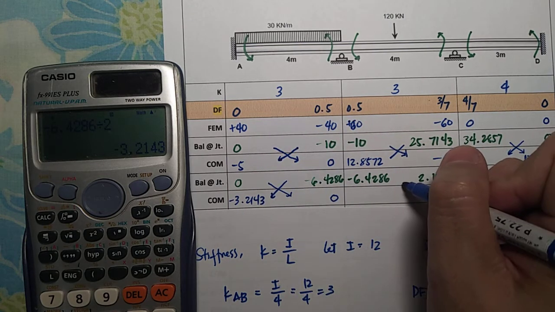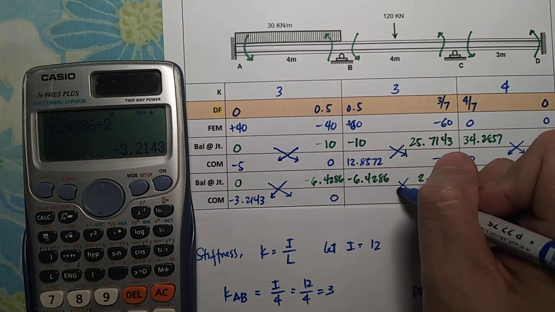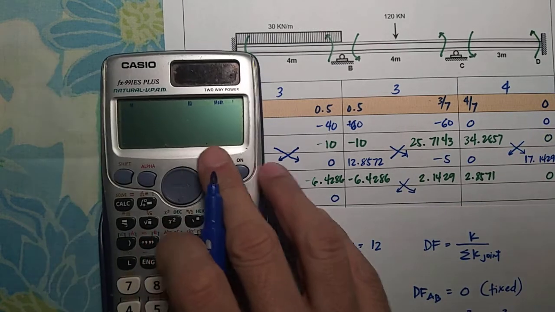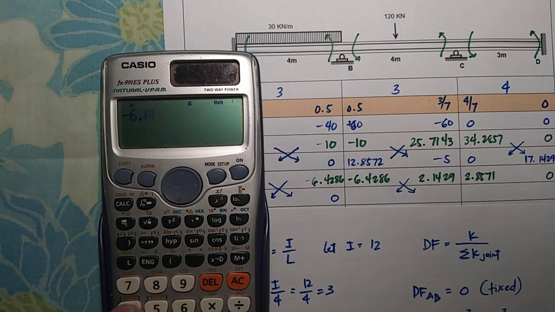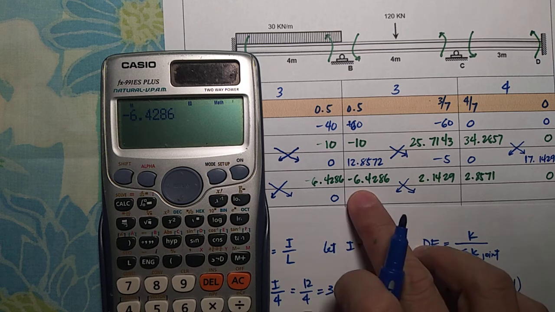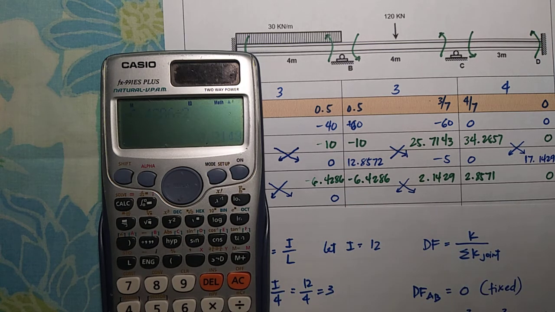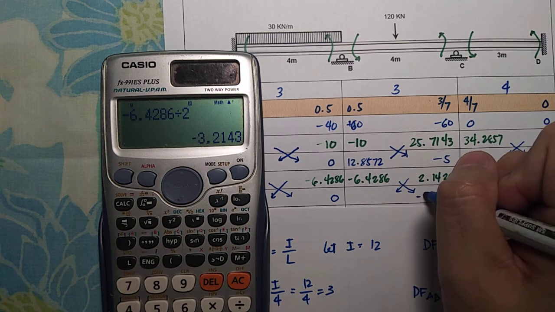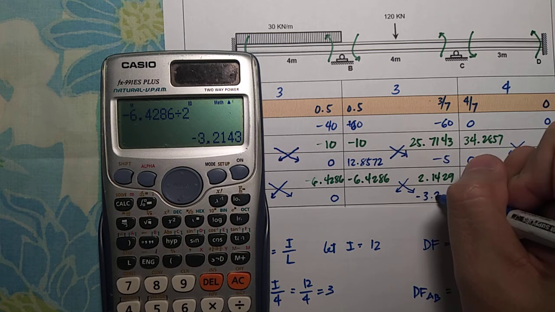Okay? So, same thing here. Yung negative 6.4286, this one, divided by 2, so that's negative 3.2143.